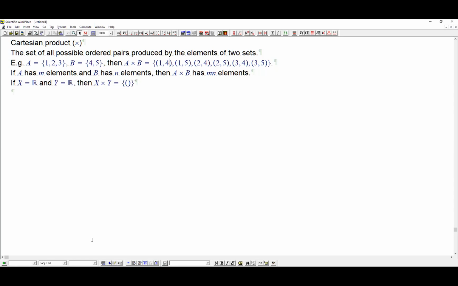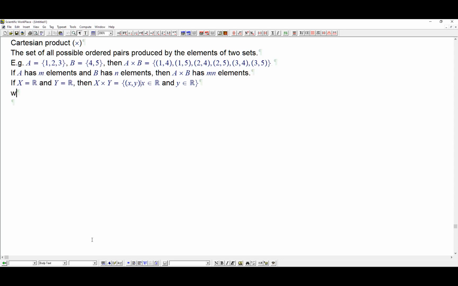Can I enumerate all the pairs? No, even if I have all the time in the world, since there are an infinity of possible pairs. What I can say though is I can describe it. It's going to be a set of ordered pairs (x, y) such that x is an element of R, and y is an element of R.